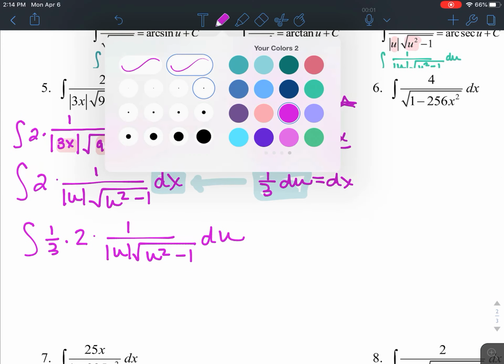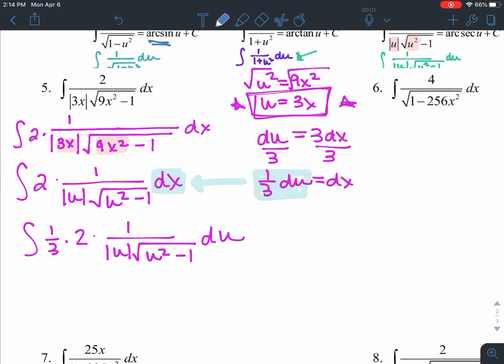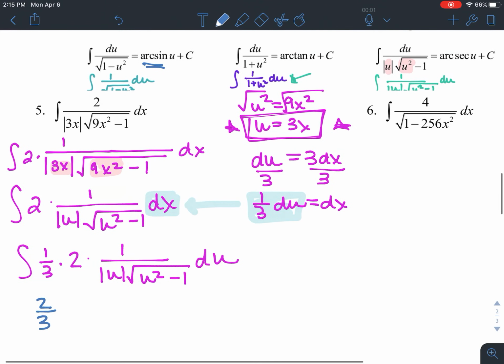Now I am ready to take that antiderivative. 1/3 times 2, I've got a 2/3 in front. This whole ugly thing with that absolute value and that square root becomes that arcsecant of u plus c.